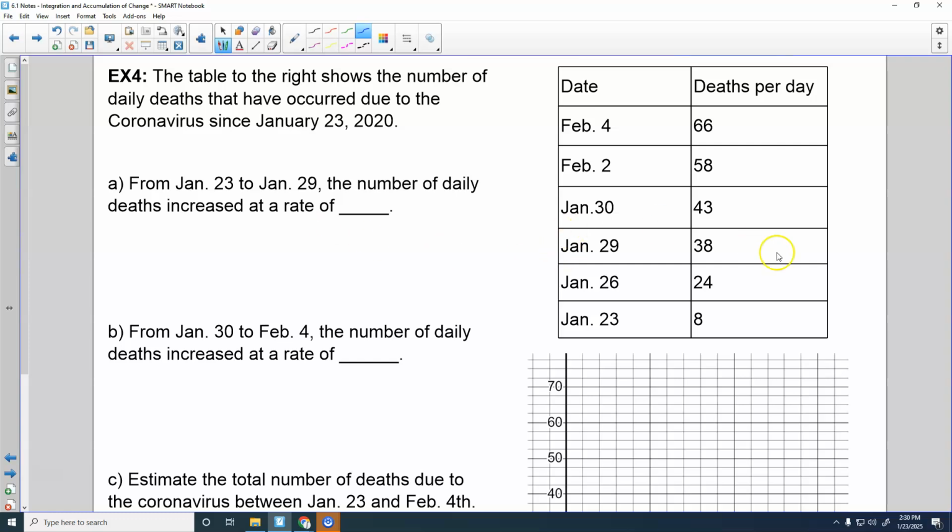So we really just want to know the change in what has happened here. It was 8 deaths per day, and it went up to 38. I guess we just want an average of 8 and 38. I think maybe I asked that question wrong.